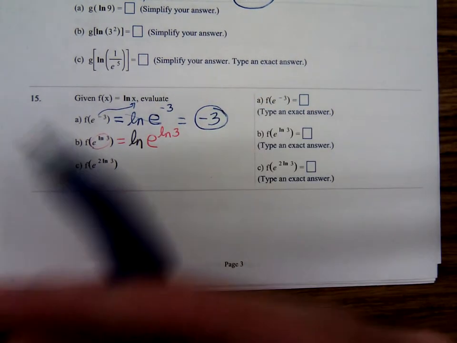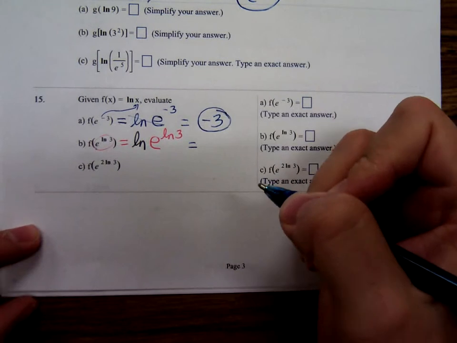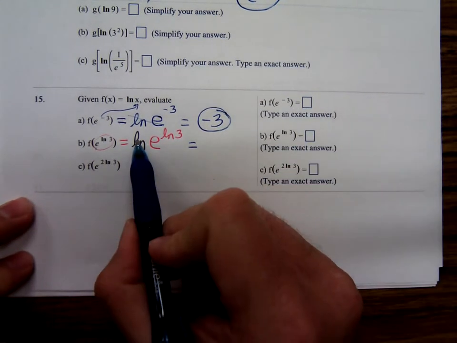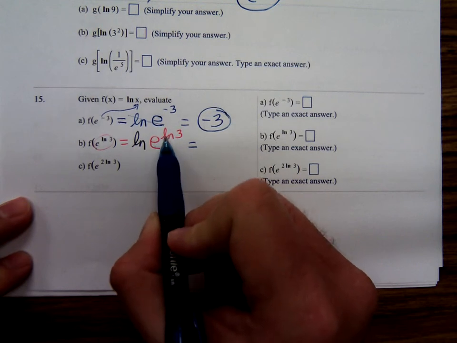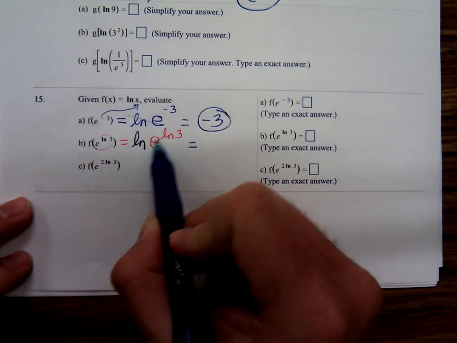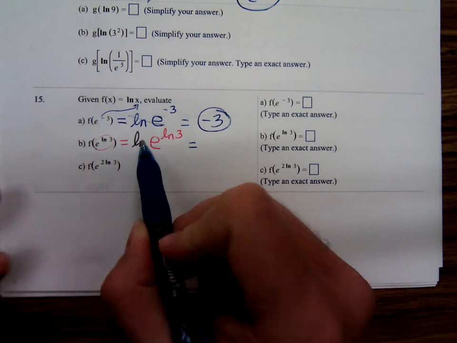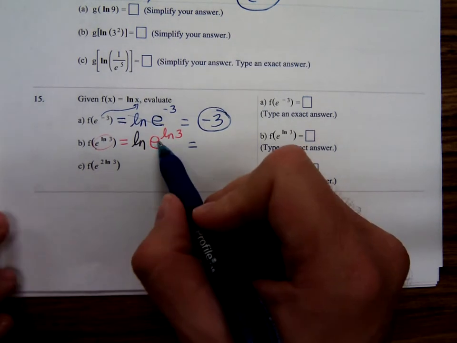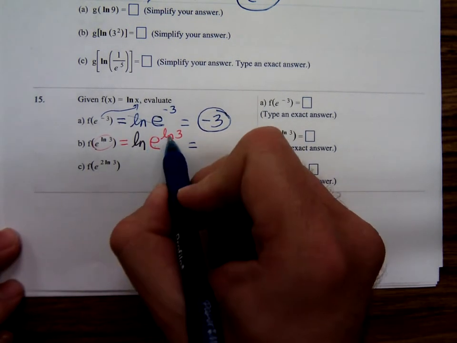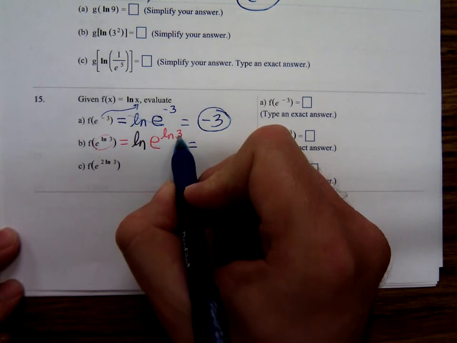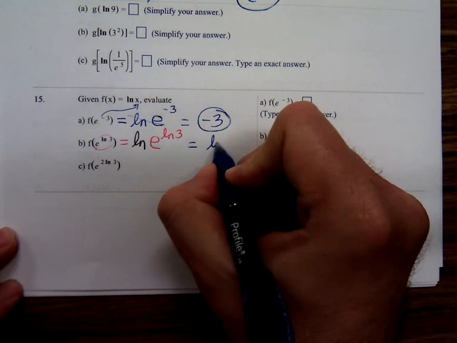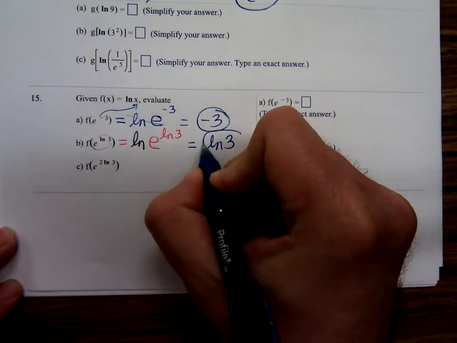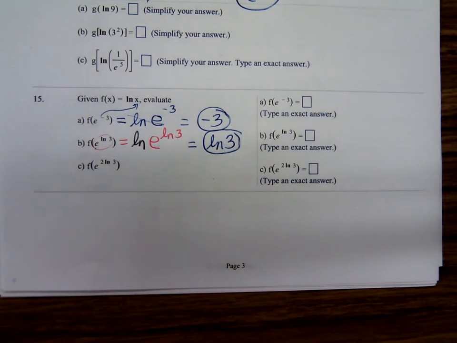So how you want to cancel is going to be up to you. You can cancel the black ln with the red e, or if you want to cancel the red e and red ln, you're still going to be left with an ln. If you cancel those, you'll have the red ln and a 3. If you cancel these, you'll have the black ln and the red 3. But the color doesn't really matter. I'm just going to write ln 3 in blue.